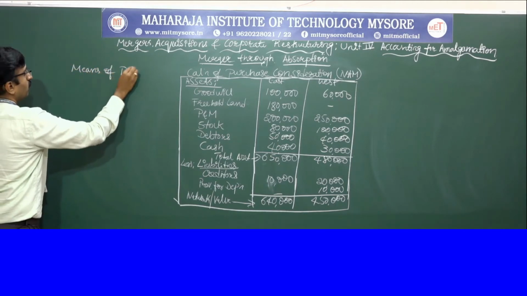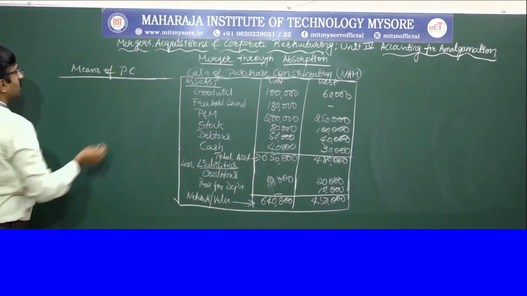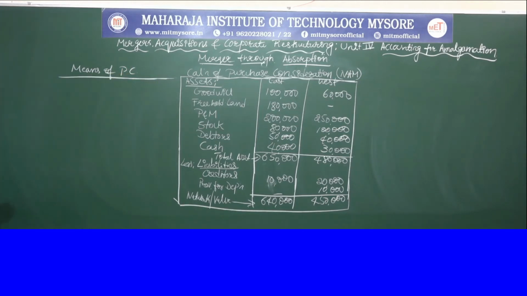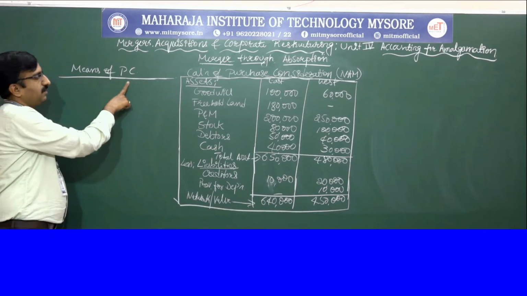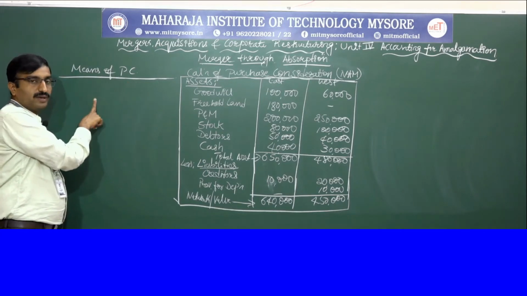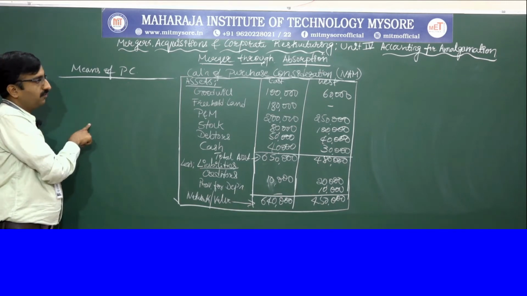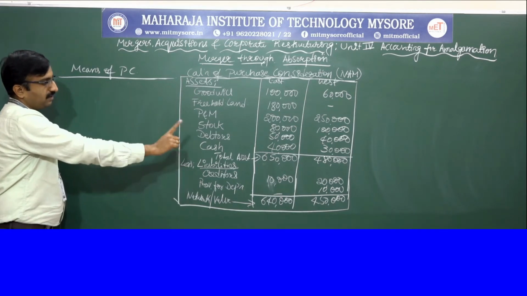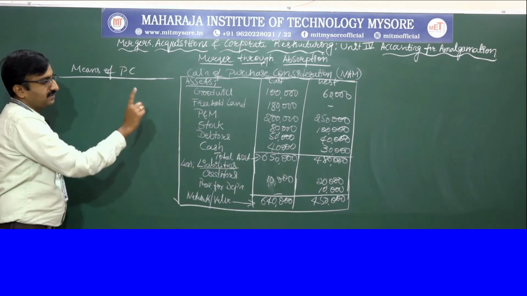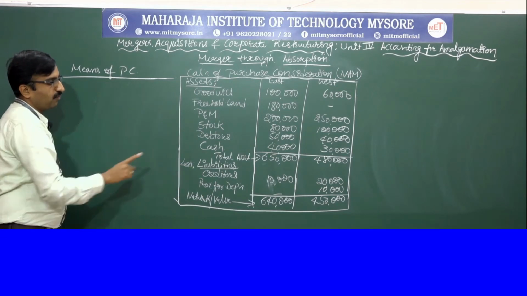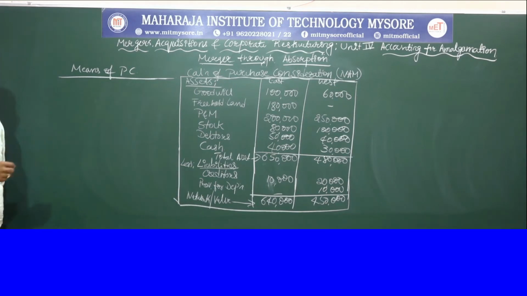The means of PC means payment, in terms of equity, in terms of shares, how much we have to calculate. So if you take the net asset method, it is 6,40,000 and 4,50,000. We will convert into PC, the means of PC payment, how much it is.